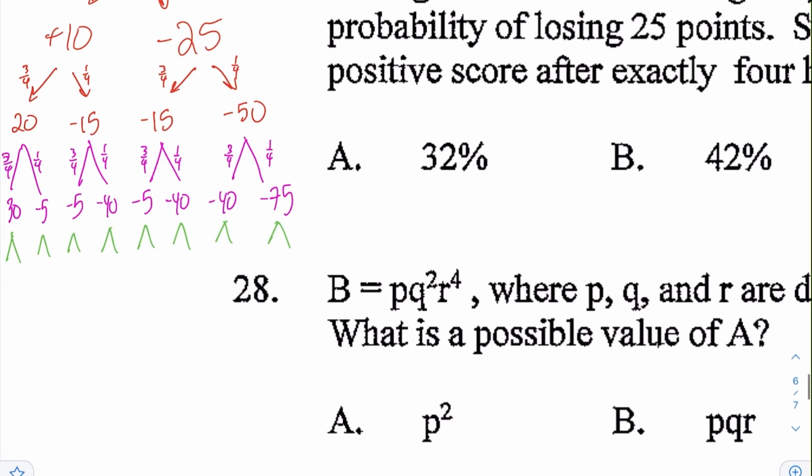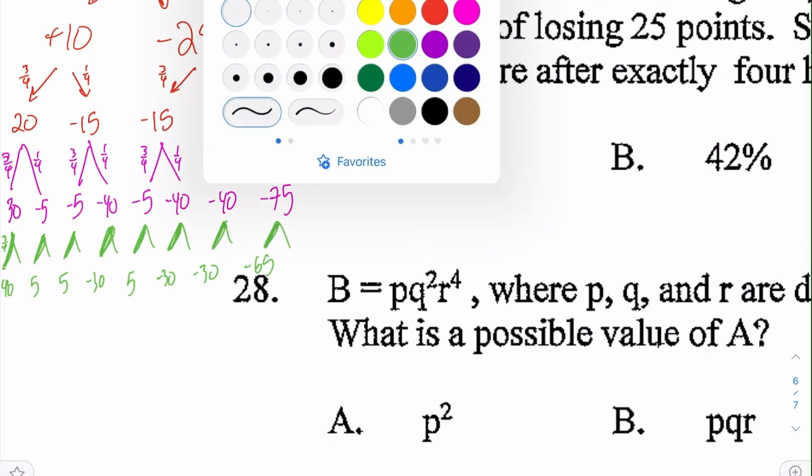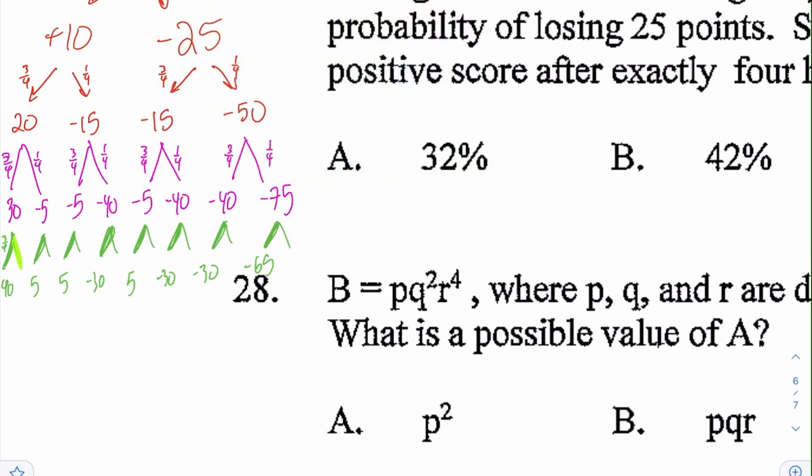Again, for each of these you can either gain 10, that's a 3/4 probability, the one on the left side, so you have to add 10 to each of those. And then on the other side, you'll have to subtract 25.